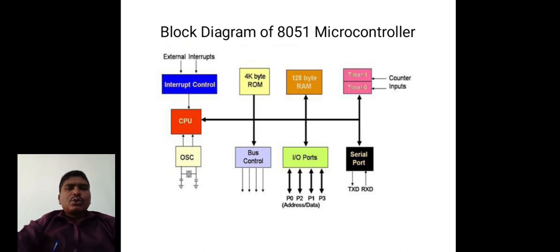The CPU executes the program, and while executing it may need some data, so we need both program and data memory. In the 8051 we have 4 kilobytes of program memory and 128 bytes of RAM. This comes under the hardware architecture.